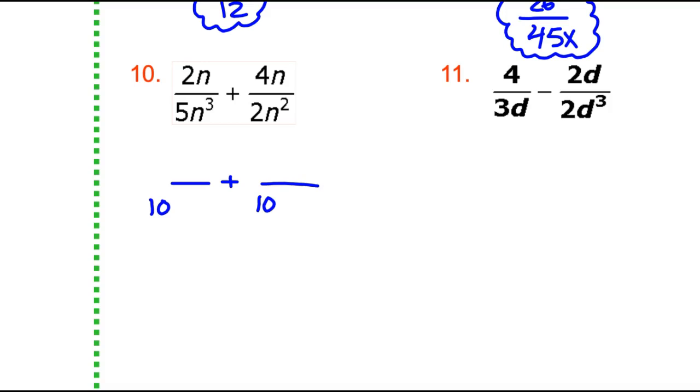I know there's more than one way to do this, but I'm just going to look at the higher degree and match. The one with the higher degree is cubic, so I want to make them both cubics. To get 5n cubed into 10n cubed, I need to multiply by 2 over 2. And to get 2n squared into 10n cubed, I need to multiply by 5n over 5n.